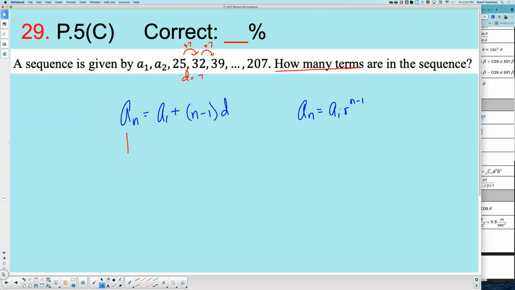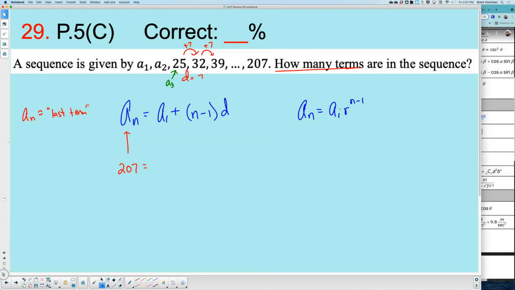So let's just plug in. AN can mean the last term. Just remember a couple of symbols: it can mean any term, and it can also mean the last term, which is how it's used in this case. So what is our last term? 207. Our A1, do we have A1? No. We have A3.